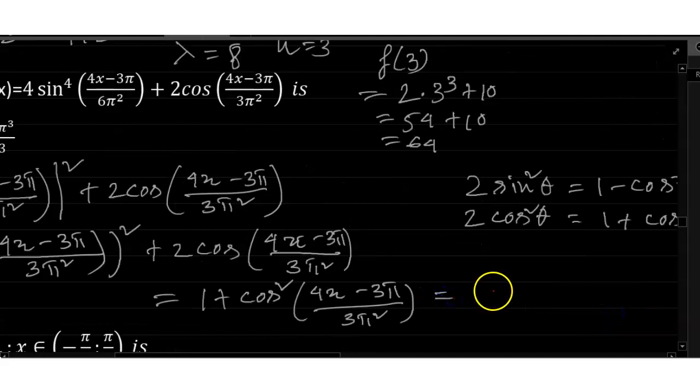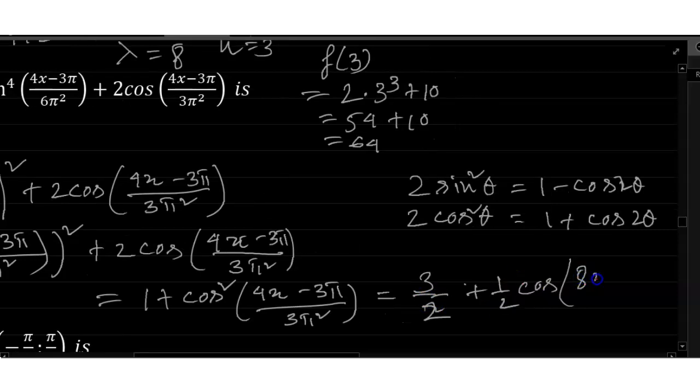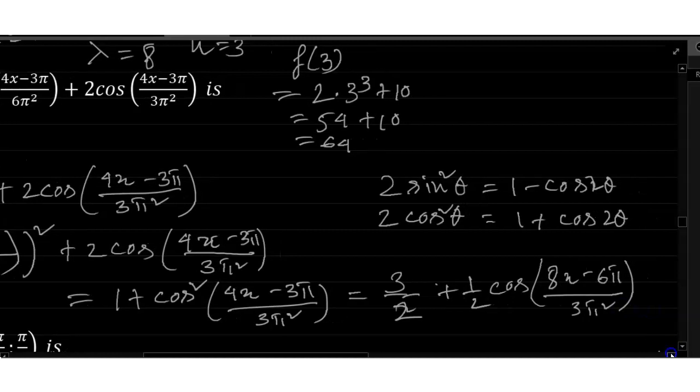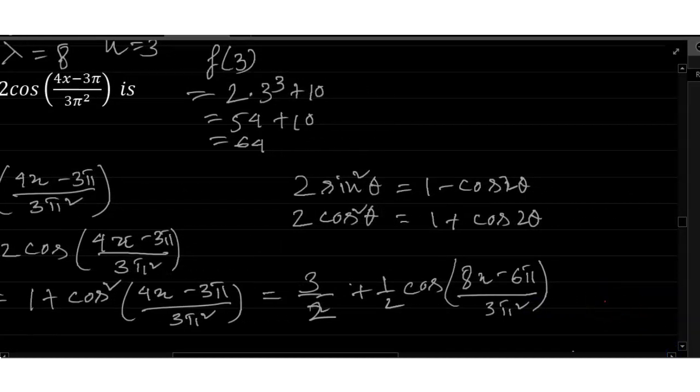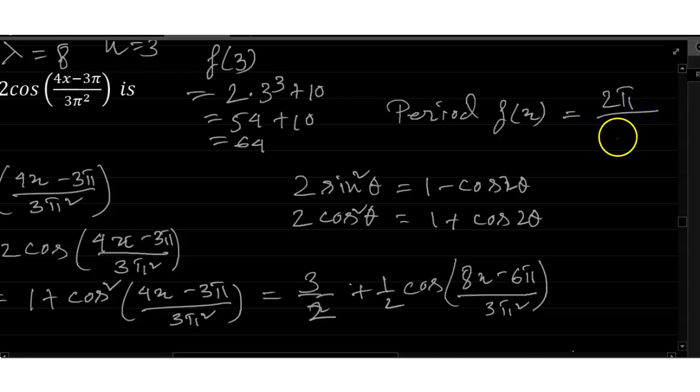So it can be written this way: 3 by 2, cos of (8x minus 6 pi divided by 3 pi square), and the period of f(x) is equal to 2 pi divided by (8 divided by 3 pi square), which is equal to 3 pi cube by 4. Answer.